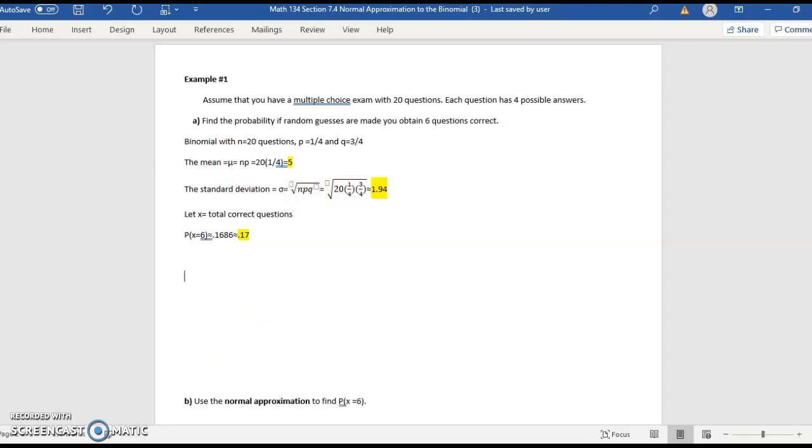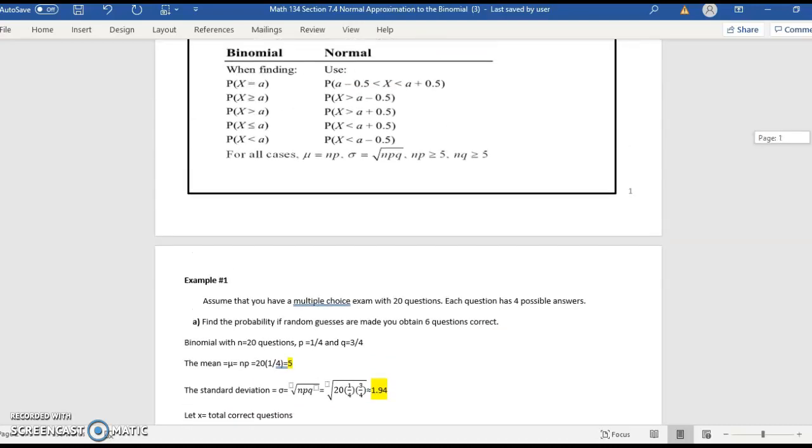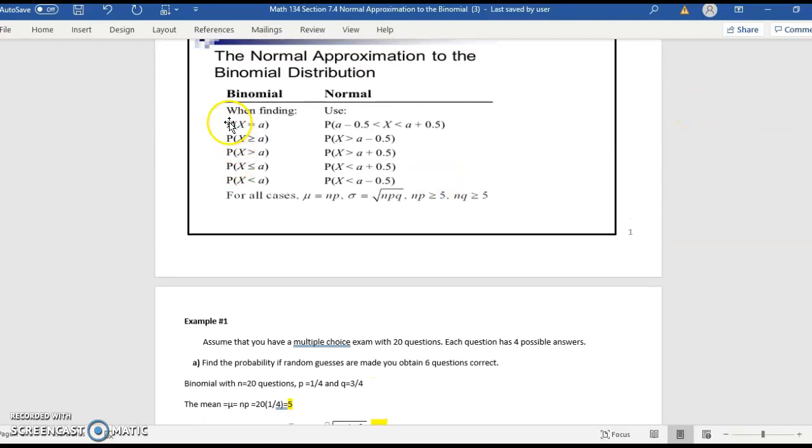So let's take a look at part B. And in part B, what they want us to do is, in essence, part A, but with the normal approximation. Now, to actually use the normal approximation, you have to follow the chart. And the chart says if you're evaluating an equal statement, you're going to be adding and subtracting a total of 0.5 to the given statement.